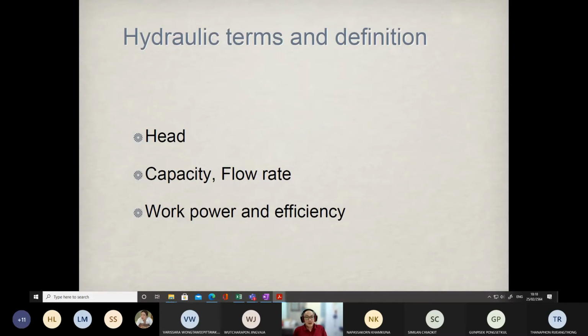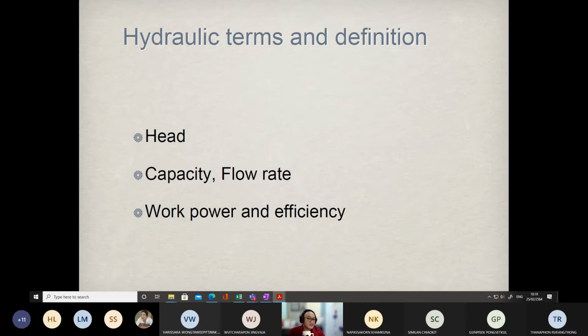The common hydraulic terms and definitions which we normally use in the design of pumping systems or pumping stations mainly consist of these terms: the head, capacity, work power, and efficiency.